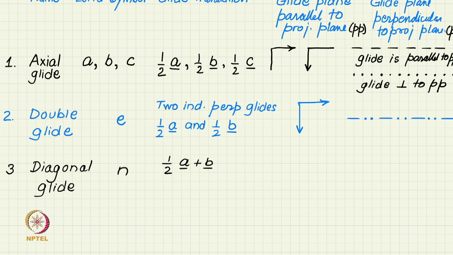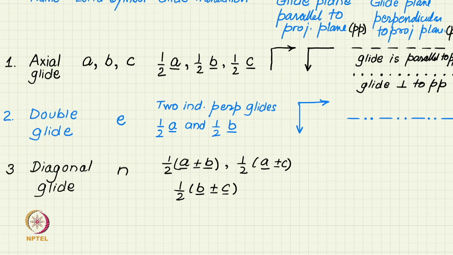So it's half a plus minus b, or could be half a plus minus c, or half b plus minus c. These are the diagonal vectors. So in a diagonal glide, the translations happen in this direction.